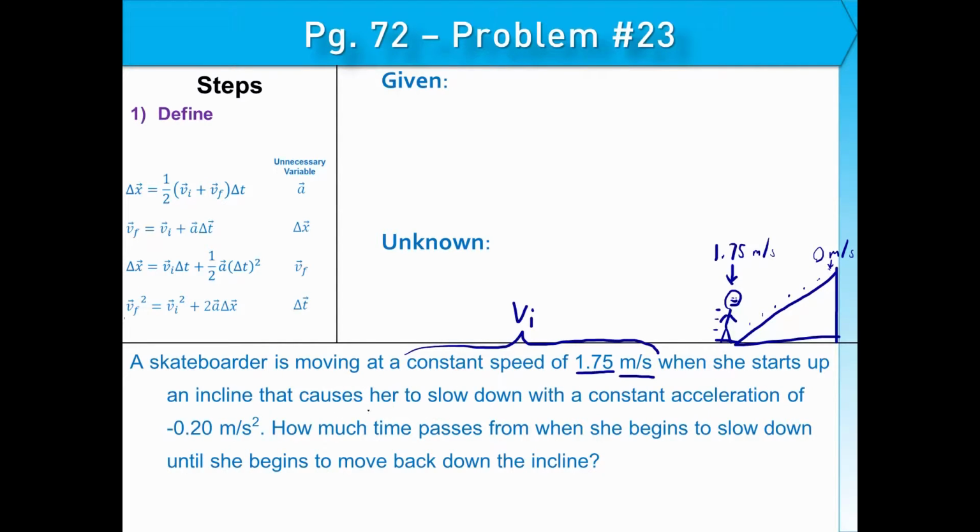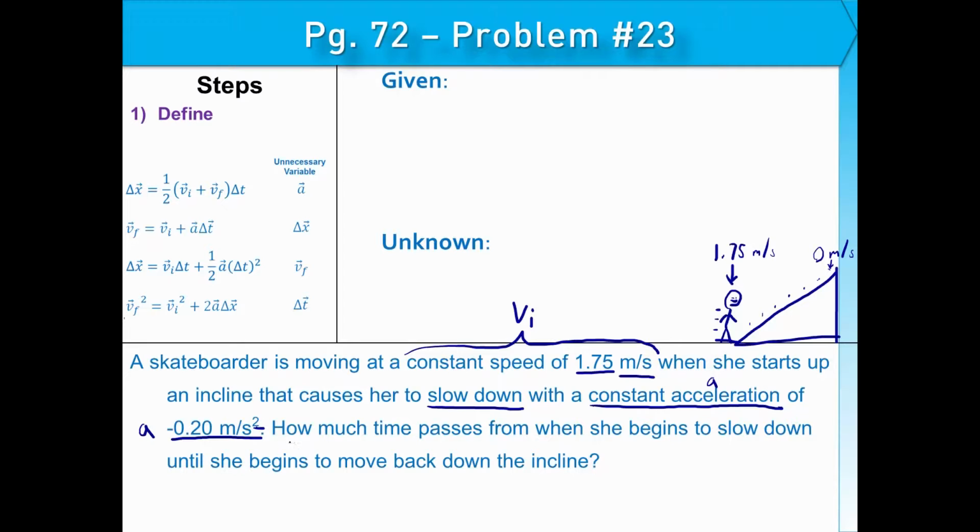And then we know she's slowing down with a constant acceleration, so I'm dealing with a of negative 0.20 meters per second squared. This confirms it's acceleration because I have meters per second squared and the magnitude. Notice it's negative.